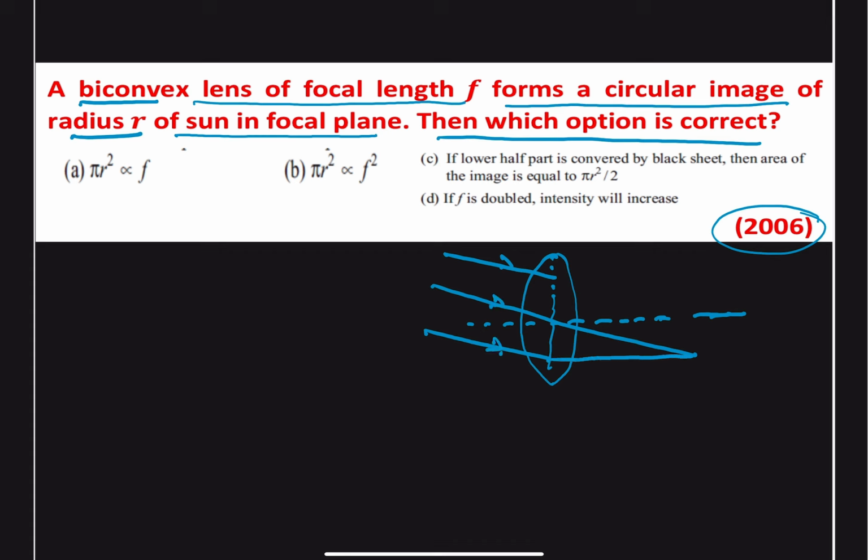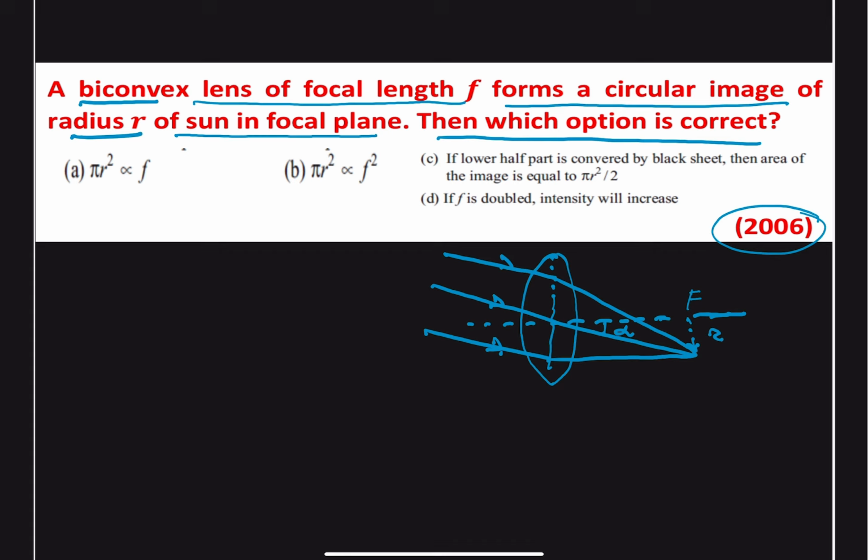So let us suppose this is the single point, and here we are going to get the image of the sun, it will be circular basically, but we can say its radius will be r, and let us call this angle as alpha, and the focal plane, let us suppose this is our focus having a focal length of f that is given in the question.